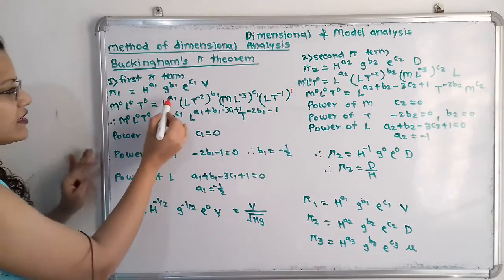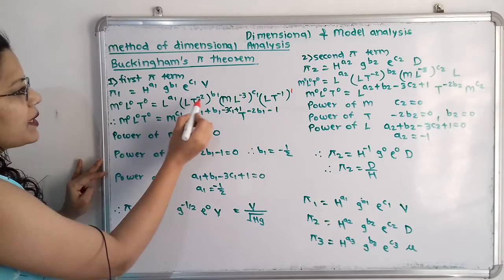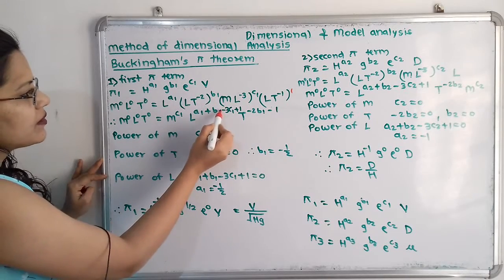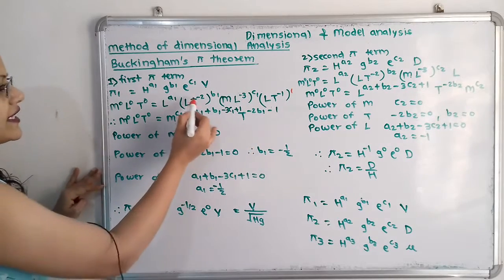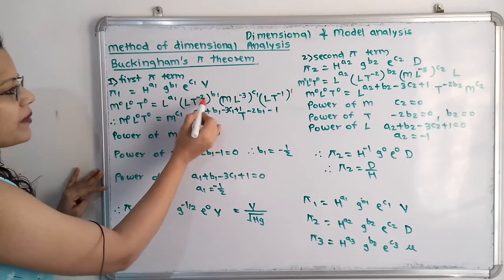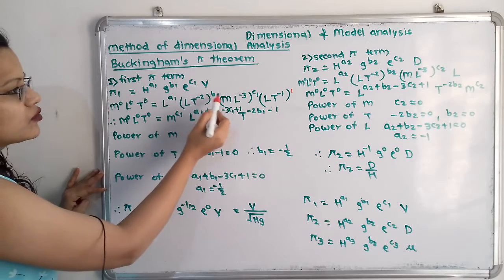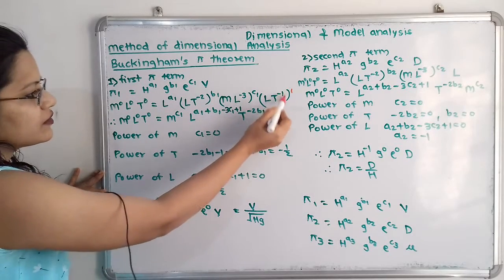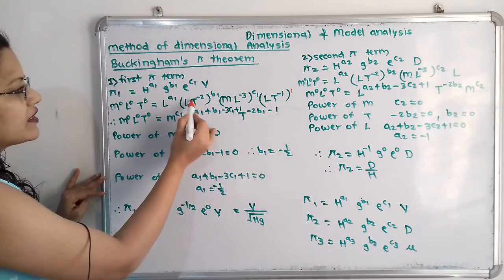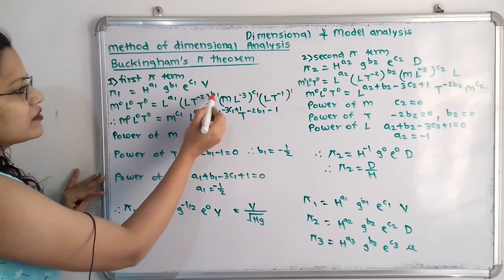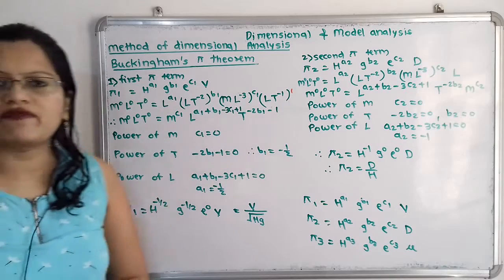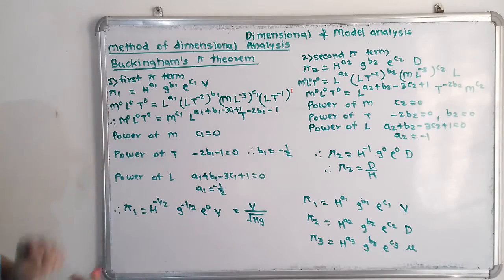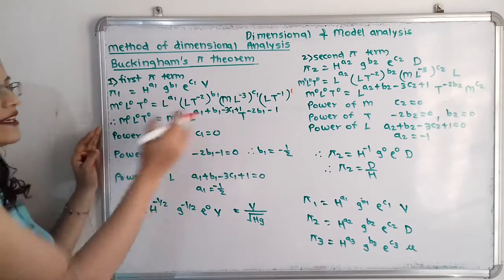So we write a1 plus b1 minus 3c1 plus 1. Then T: here T raised to minus 2 into b1, that is minus 2b1, and here T raised to minus 1. So we write T raised to minus 2b1 minus 1. This is the simplified form. Now we will equate the powers on the left-hand side and right-hand side.